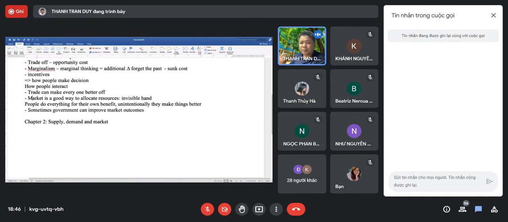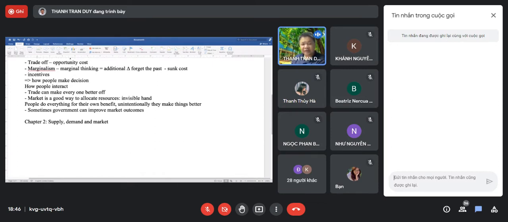When can government improve market outcome? When market fails, right? When market fails, there is sometimes a problem with property right protection.